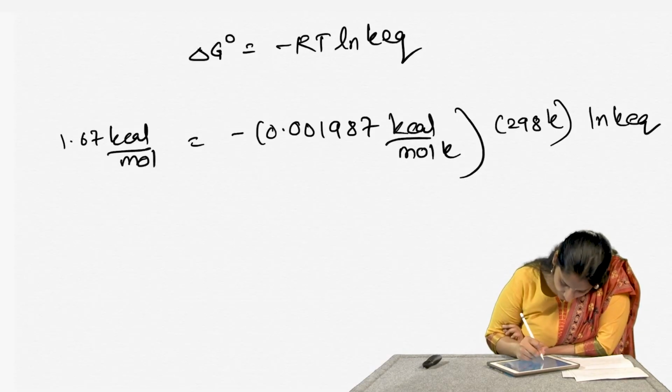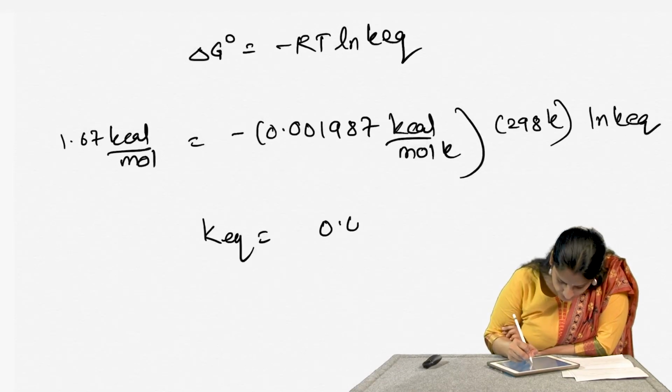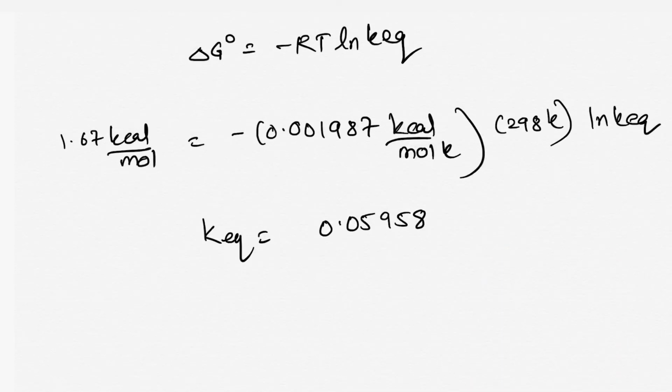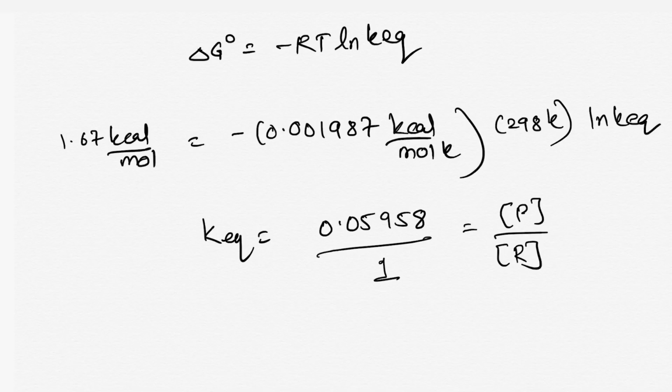So, if I figure out the value of K equilibrium, it comes out to be 0.05958, right. But we also know that K equilibrium is nothing but concentration of products over concentration of reactants, right. And let us say that this is divided by 1. Then the concentration of the products is 0.05958, and the corresponding reactants have a concentration of 1, right.